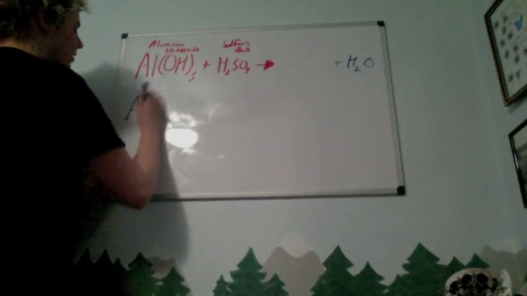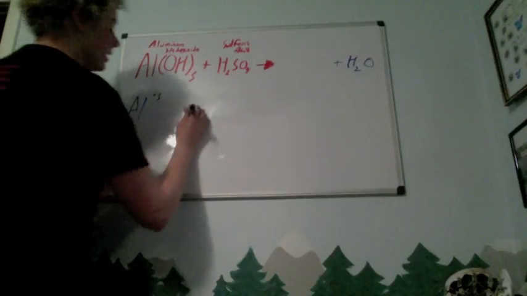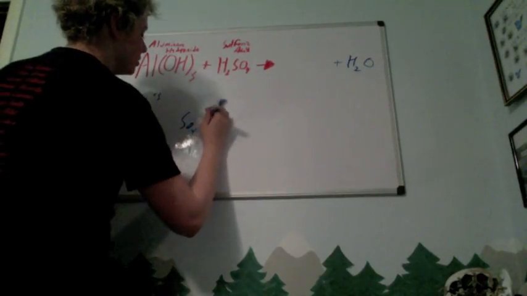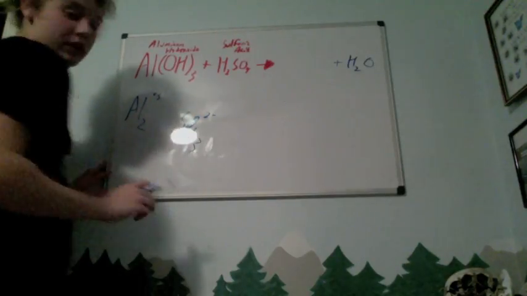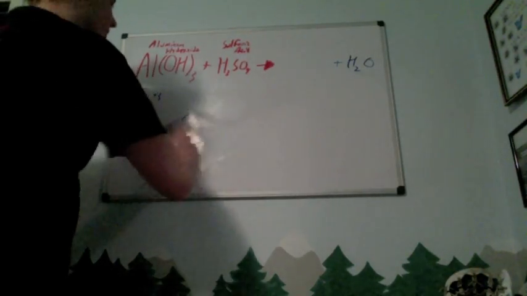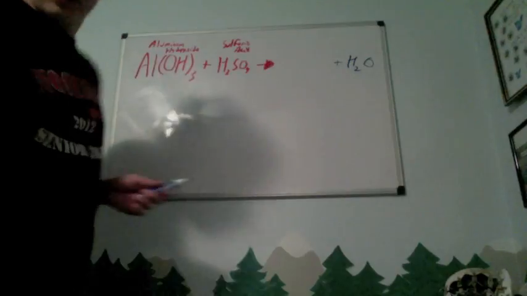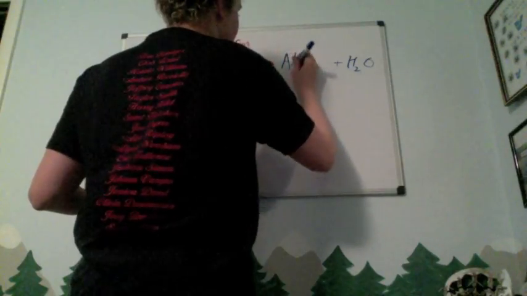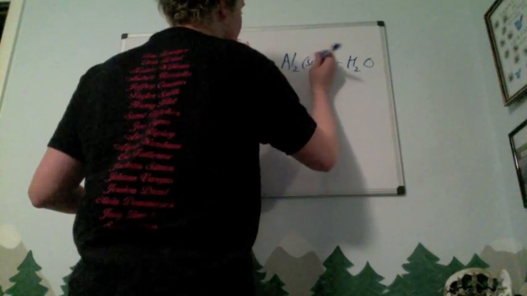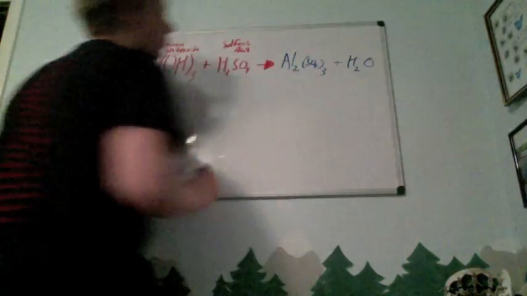So the way to combine Al and SO4 is Al is 3 plus, and SO4 is 2 minus. So that means that we need 2 and 3. So we have Al(OH)3 plus H2SO4 produces Al2(SO4)3.